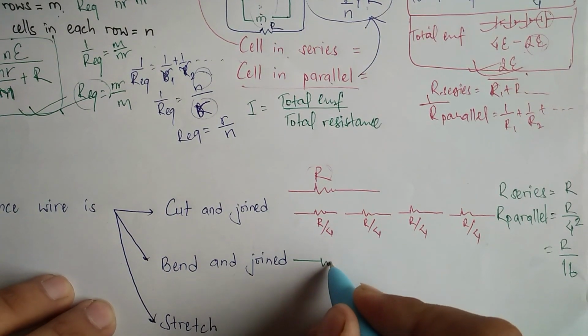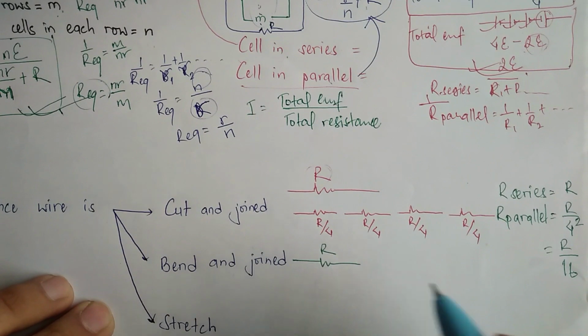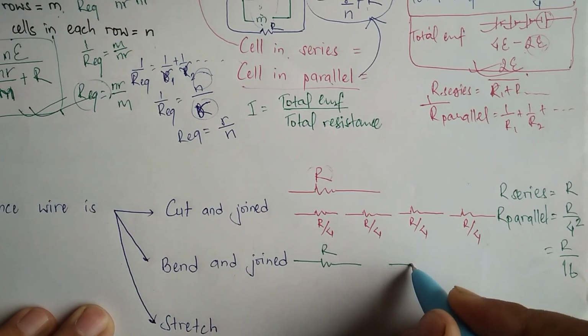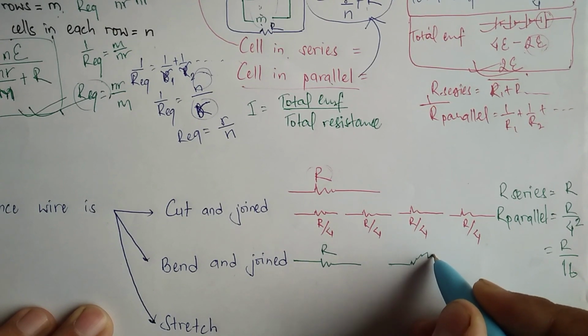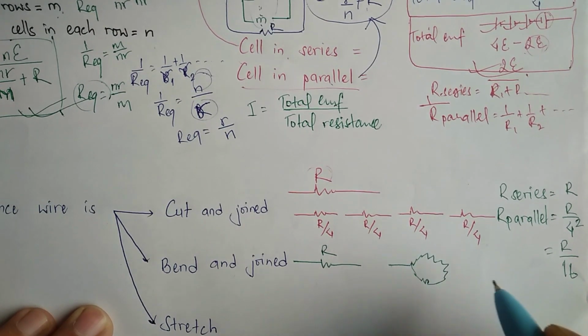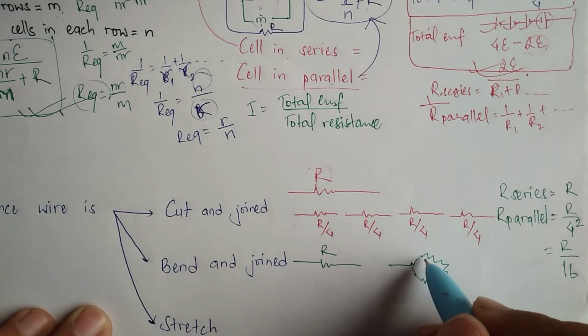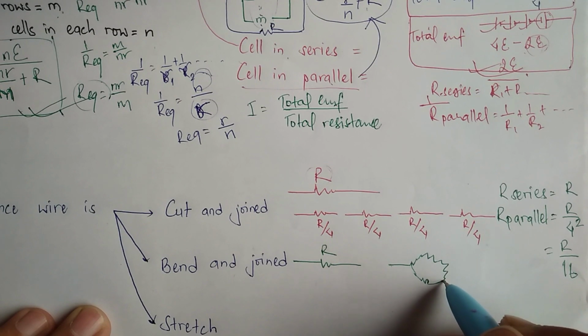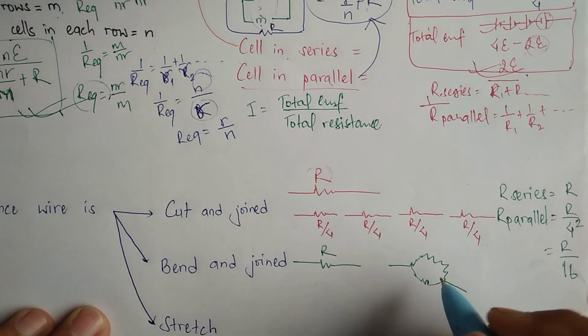And now, when the resistance is bent and joined, firstly the resistance was R. Now this resistance was bent in the form of a circle and joined. Now you can take points from here, from here, from here.